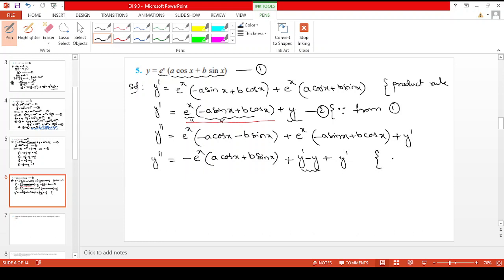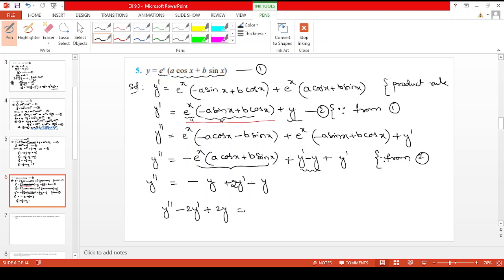This particular term obtained from equation 2. And this term, the first term, this entire term is nothing but y. So plus y dash, anyways, plus y dash is 2y dash minus y. Therefore, y double dash minus 2y dash plus 2y equal to 0 is the required differential equation.